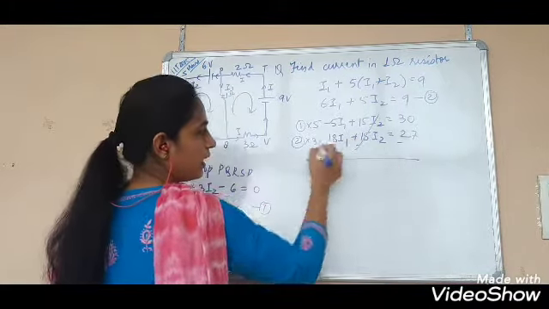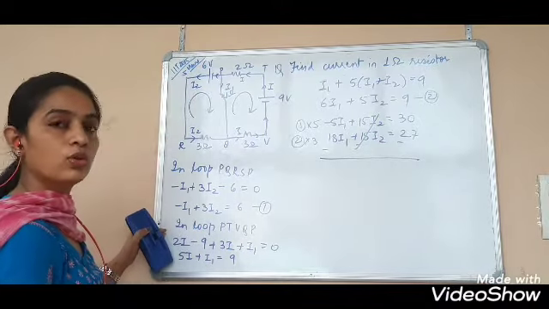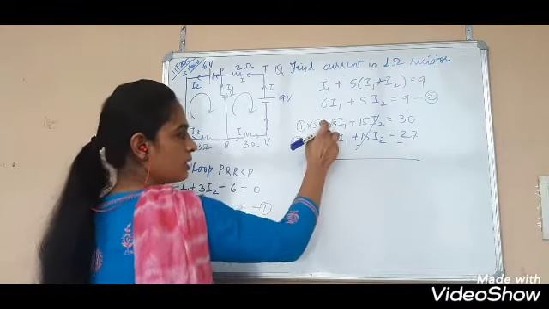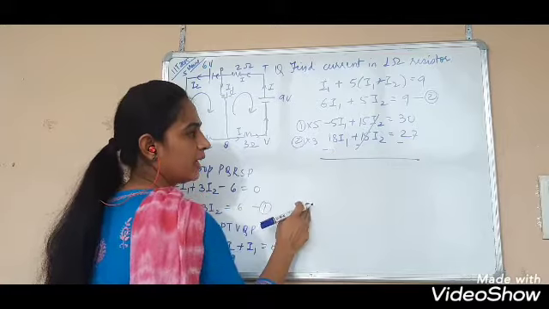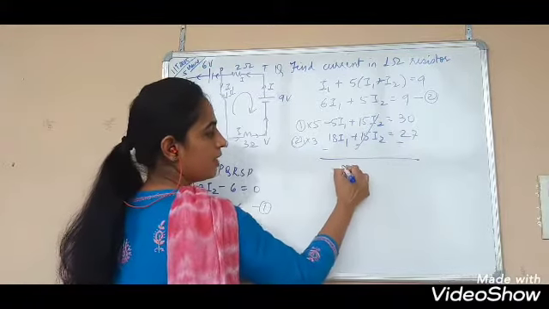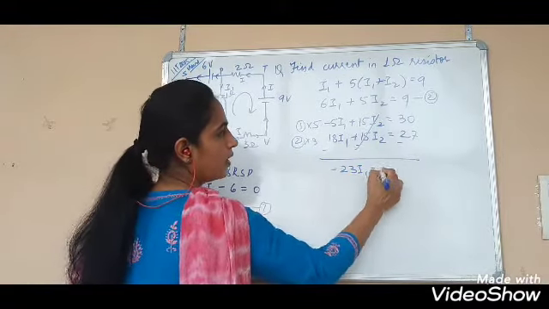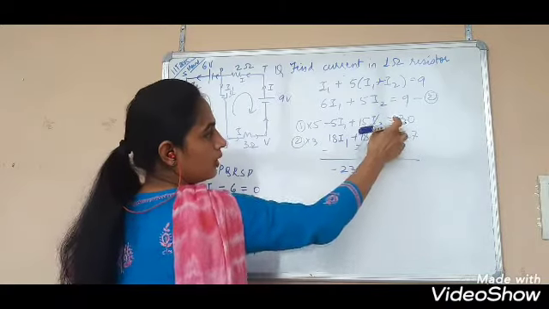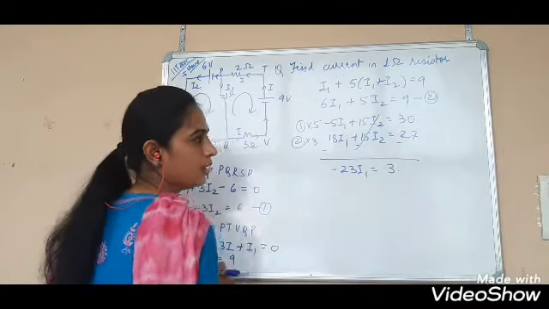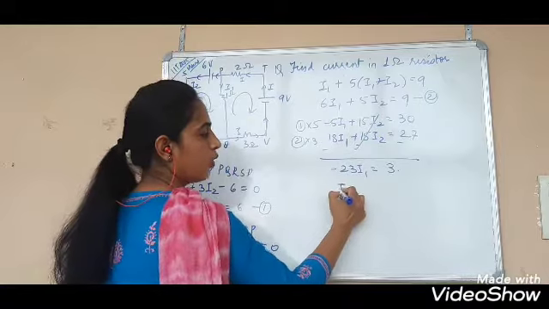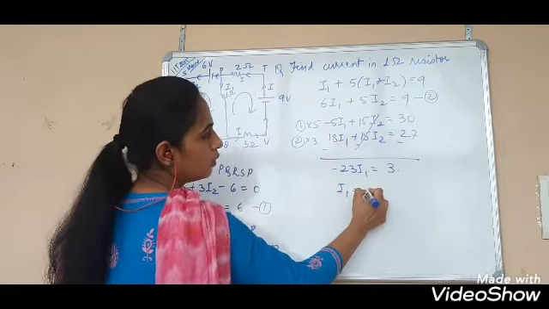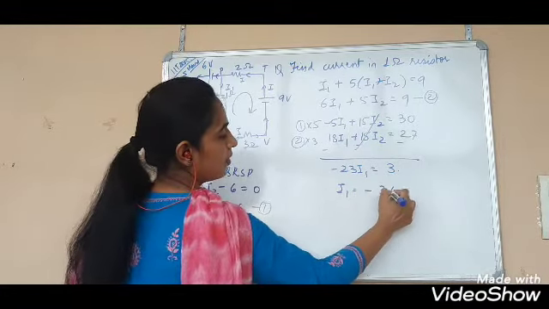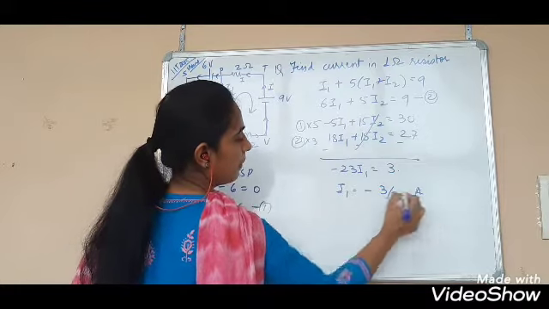Okay, 15 I2 minus 15 I2 will get cancelled. So this is minus 5 I1 minus 18 I1, that is minus 23 I1 is equals to 30 minus 27, 3. Right? So your I1 is equals to minus 3 by 23 ampere.